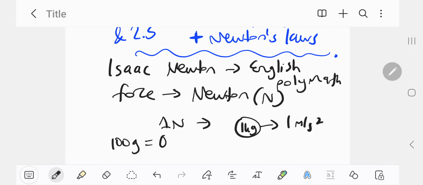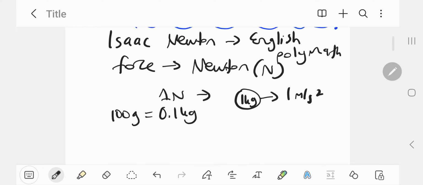That's 0.1 kilos, because there's 1,000 grams in a kilo. And apples drop with a force of around 1 Newton. So when you have an apple weighing around 100 grams, if you drop that to the ground, that force, if you can measure it, is 1 Newton.